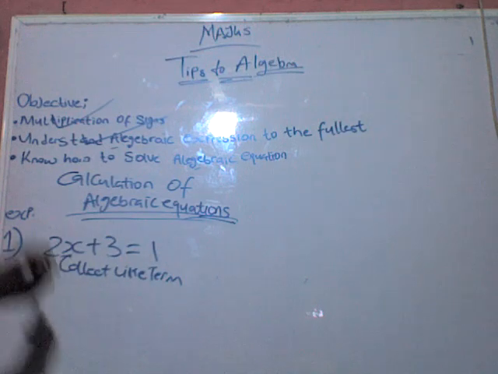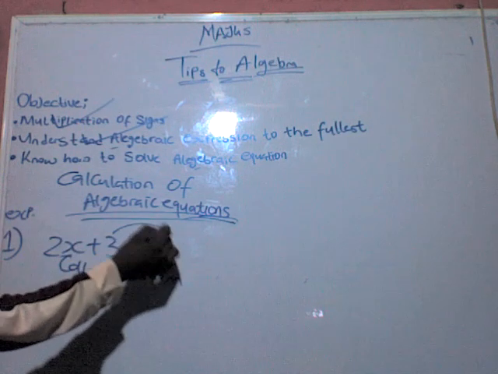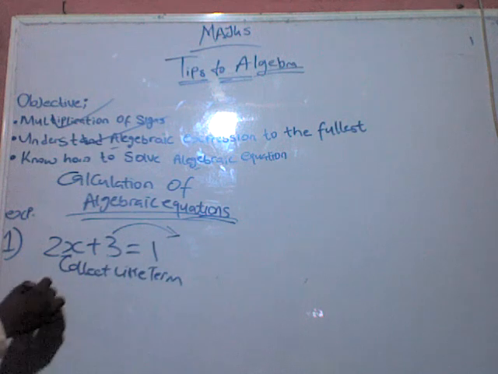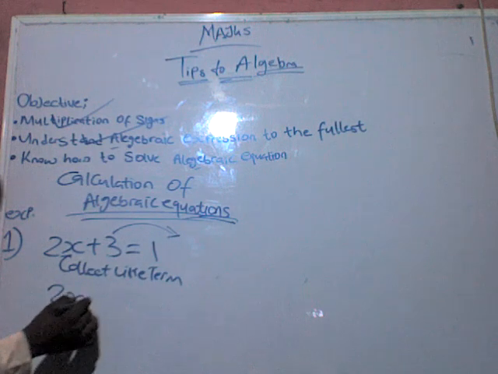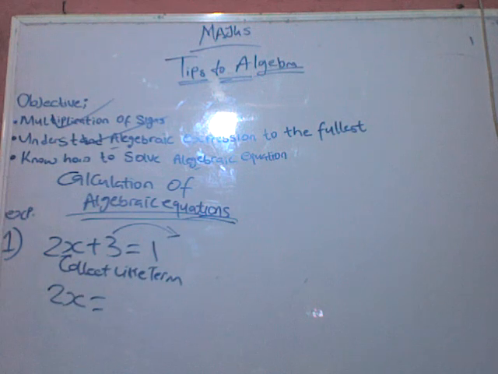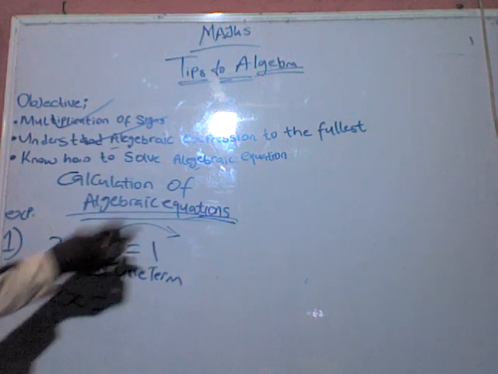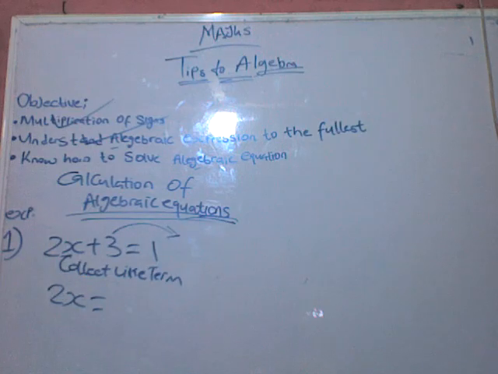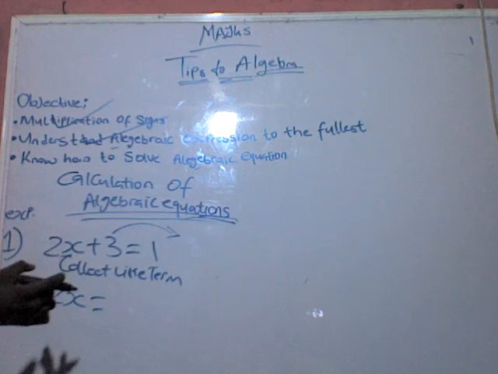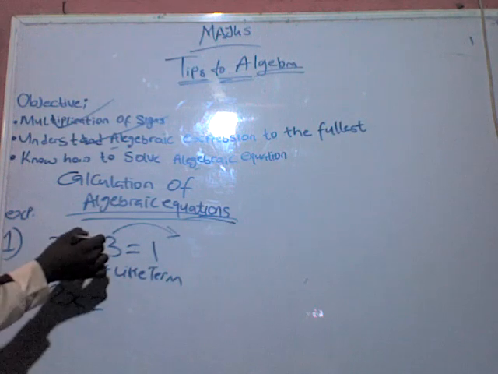So all we need to do is move this 3 to this part here. So we have 2x equals, now when we carry a particular number or a variable across the equals to sign, our sign has to change.